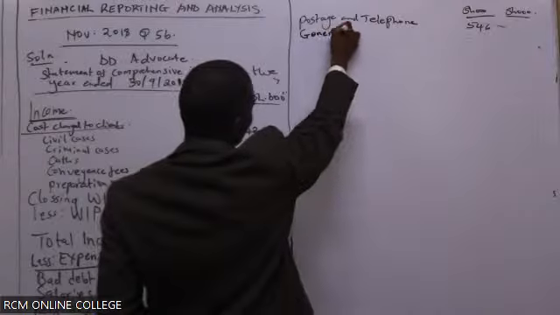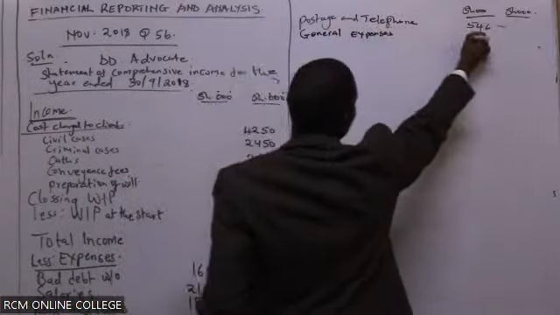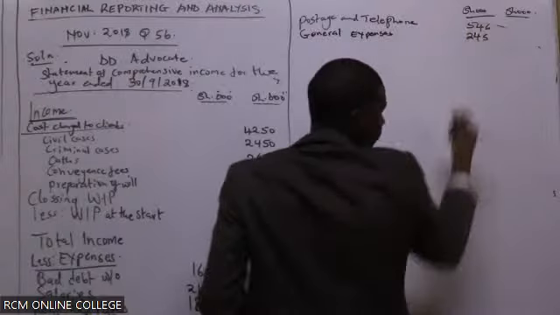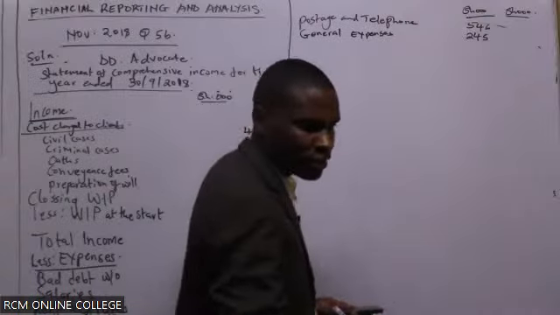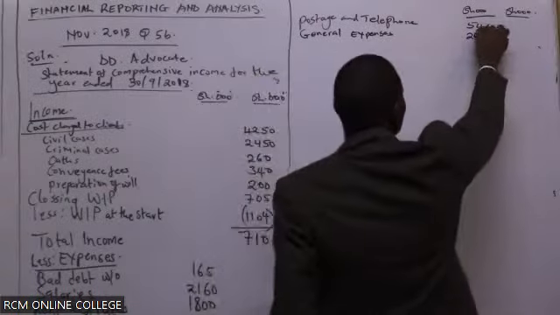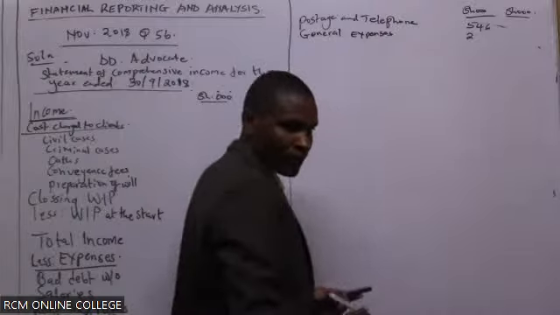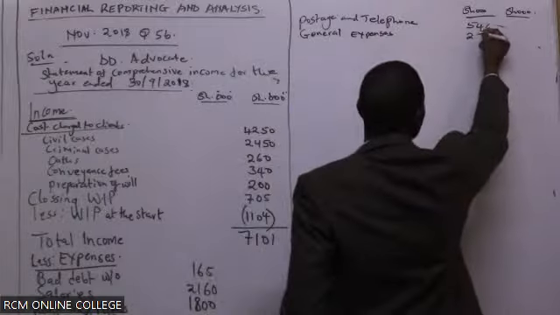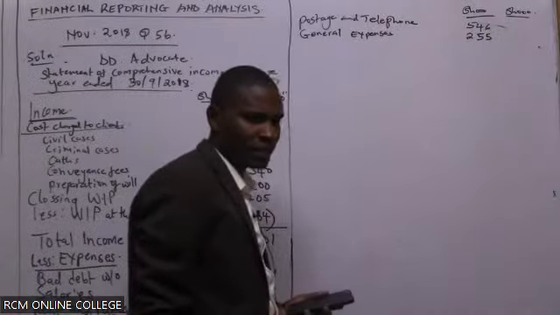General expenses, 245? 240? No. General expenses is not 245. It is 255. 255. Any other item? Printing and stationery.